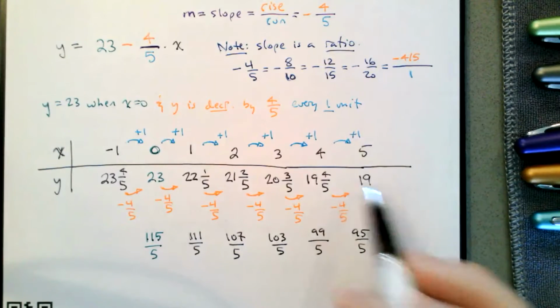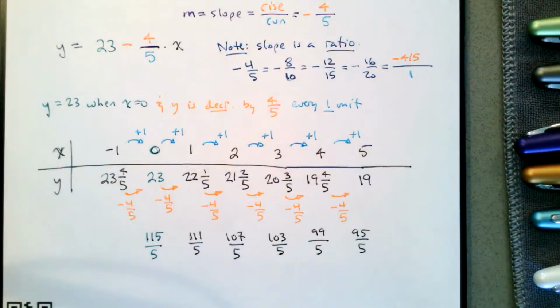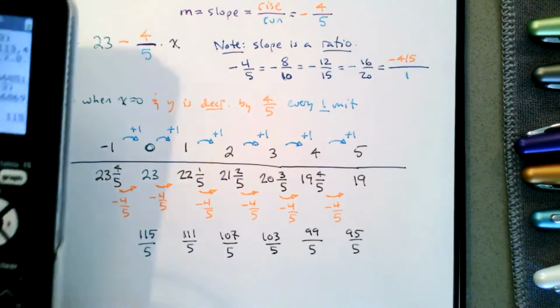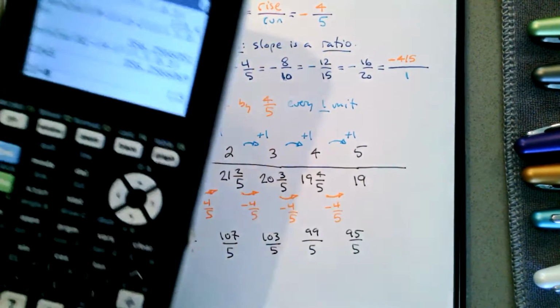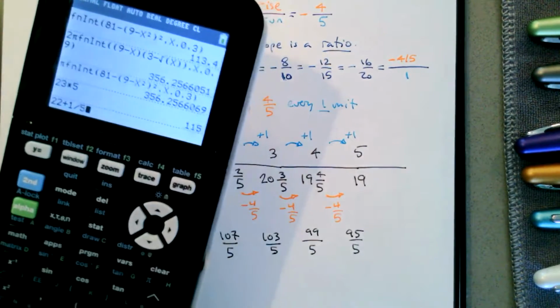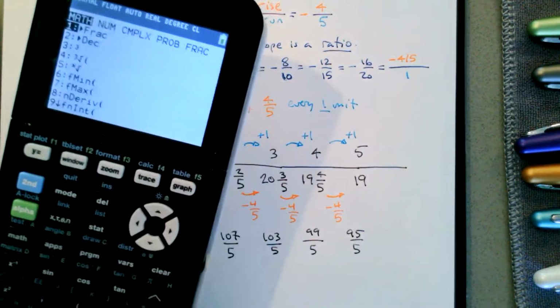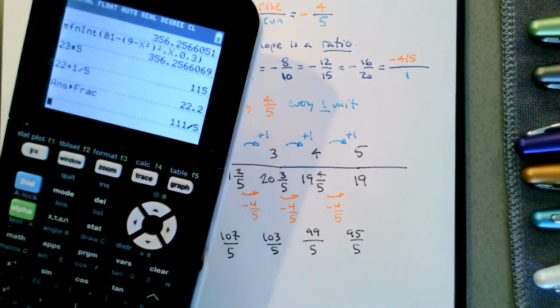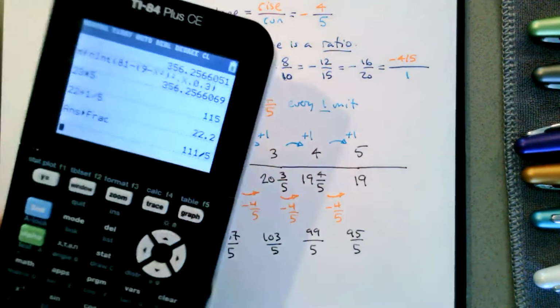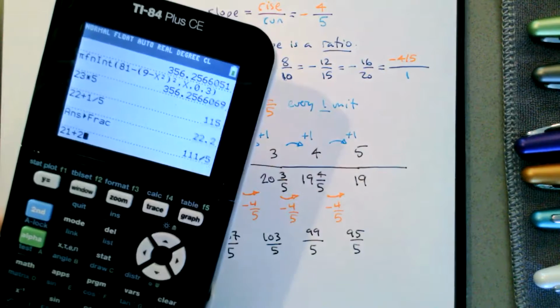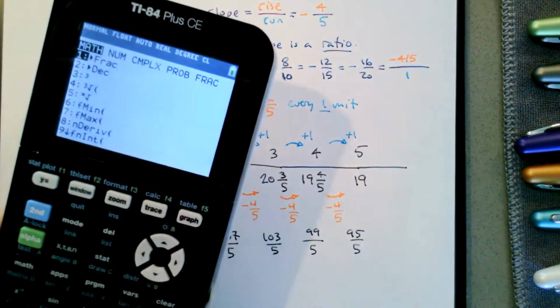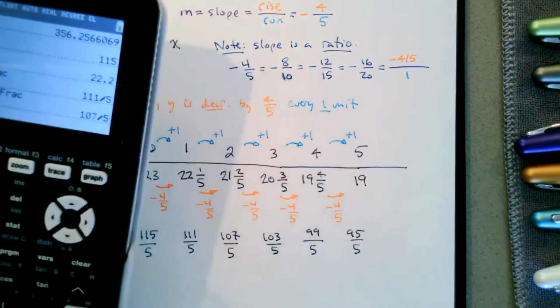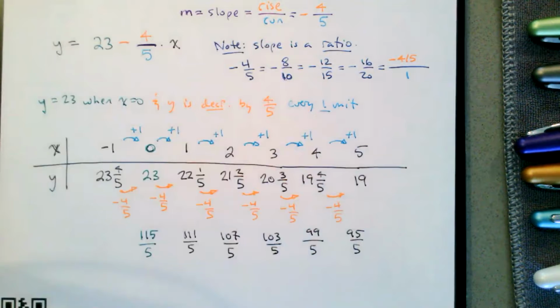And these are all those mixed numbers. So if I do 22 and 1/5, and I make that a fraction, that's 111 over 5. 21 and 2/5 as a fraction is 107 over 5, and so on.